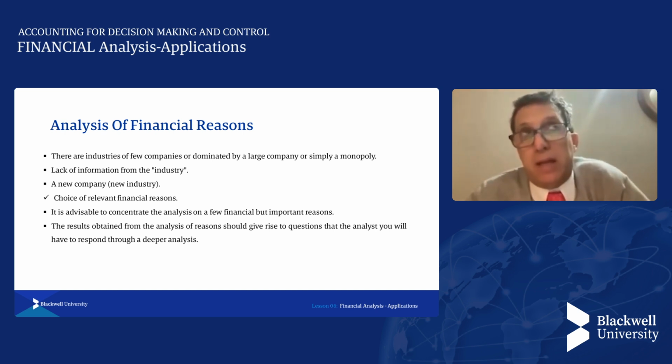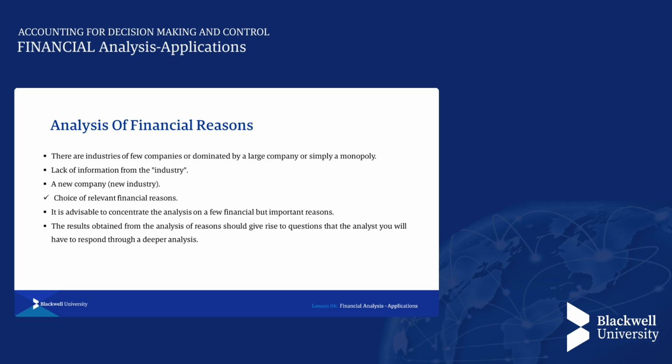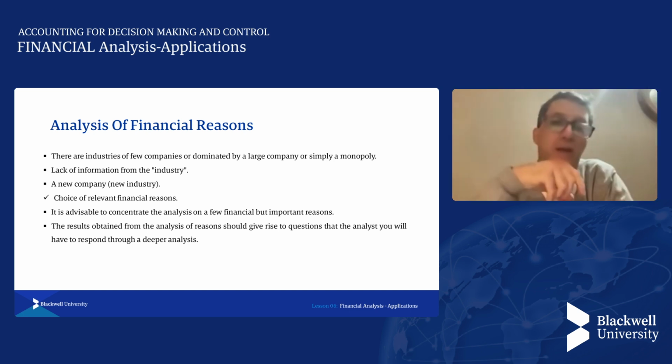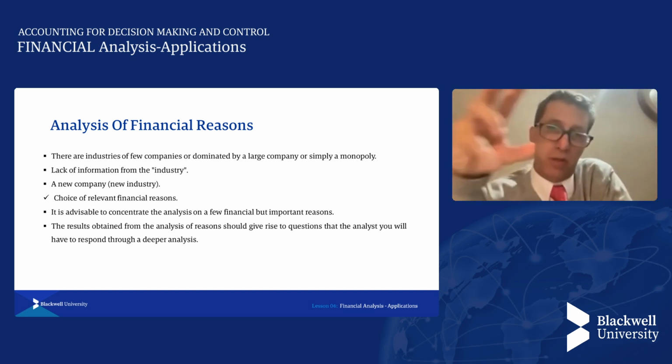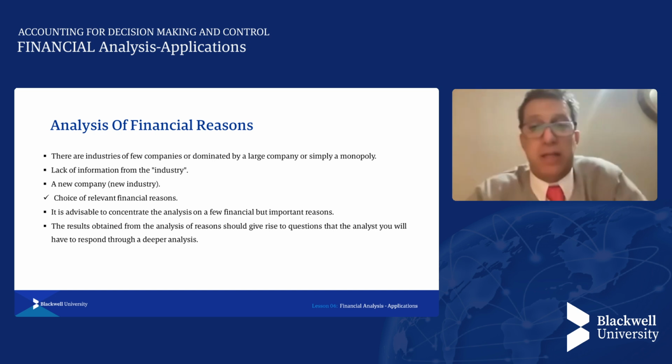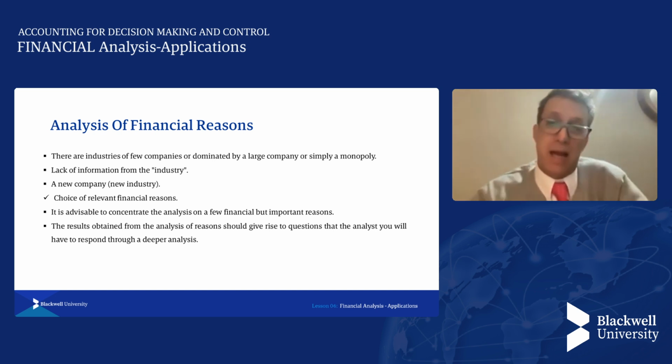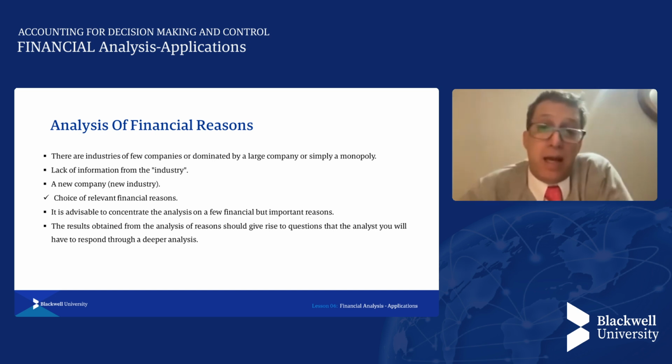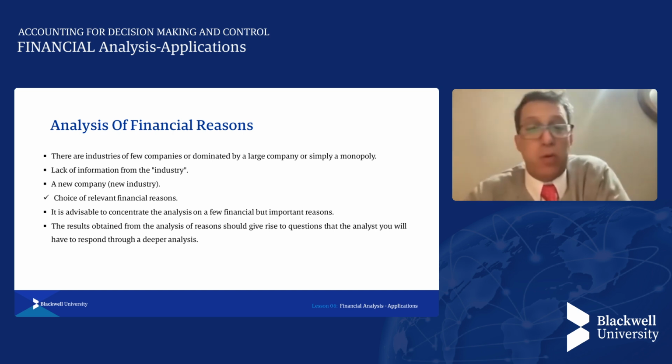On the other hand, another question that always arises is, how do we choose the most relevant financial ratios? In general, it is most advisable to focus on a few important financial ratios. Few, but important, and more than trying to have 87 financial indicators that sometimes might not tell us anything. In this regard, the results obtained from the ratio analysis should raise questions that the analyst must answer, for example, through a deeper analysis.